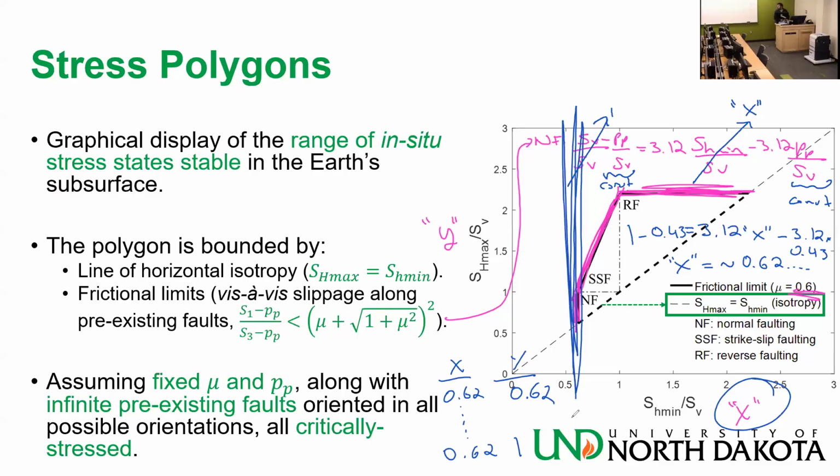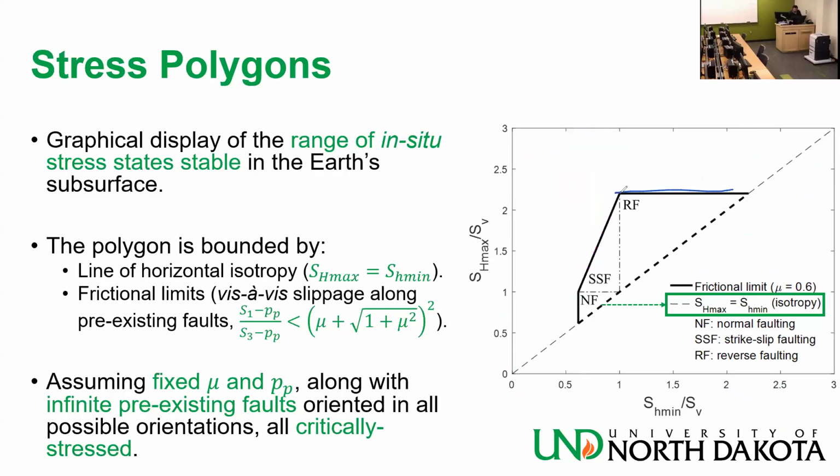Next time, we will go through the other two lines. I will show you how to draw this line, and then we are going to tackle this line, and then we should be all set with the polygon. The polygon is as powerful as the Mohr Coulomb diagram. Anything you can show on a Mohr Coulomb diagram, you can show on a polygon.